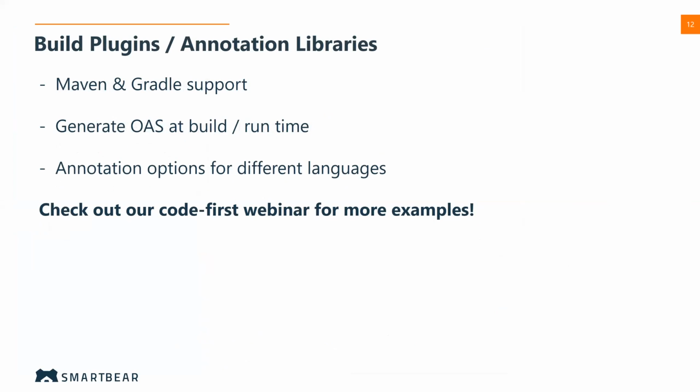The last one that's in the same vein, I suppose, when we start talking about code, are build plugins and annotation libraries. As part of the Swagger project, we have Maven and Gradle support, so there are some different build plugins on that side. There's a bunch of different annotation libraries out there.